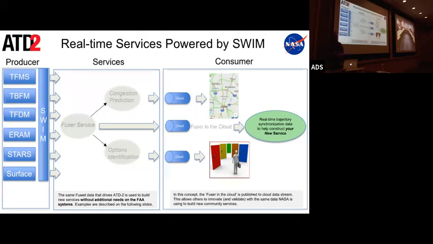And so what it enables is this real-time decision support, essentially, that's powered by this Fuser in the cloud, and ultimately from this cloud, and all the data being accessible in near real time.